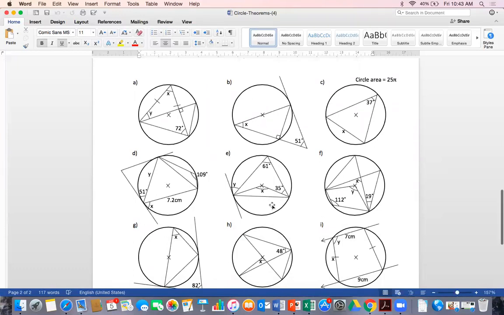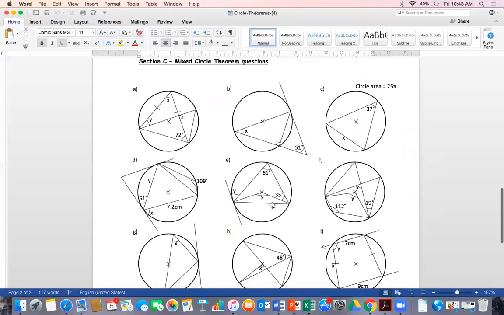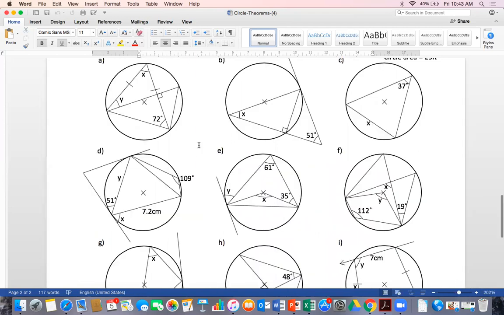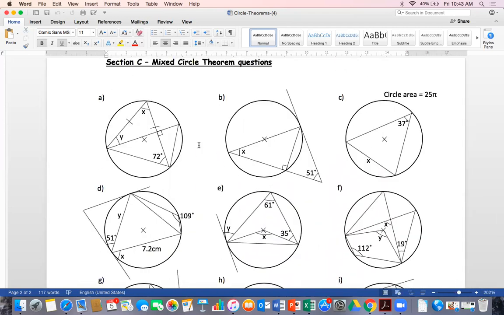Section C, which one? Everything. Okay. Let me just draw the circle on the board, and then I will switch to the whiteboard.